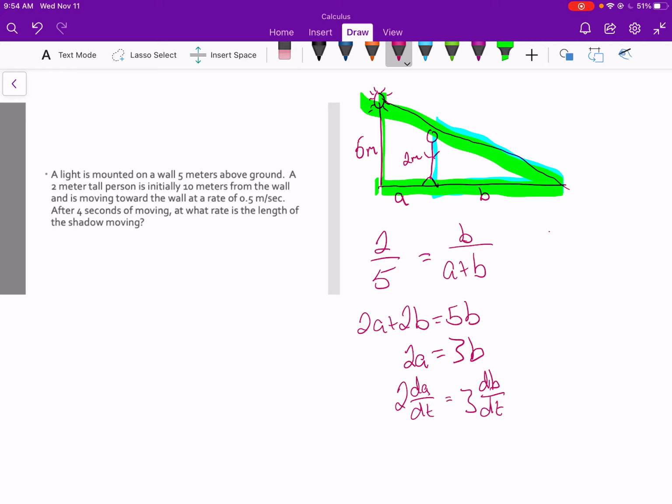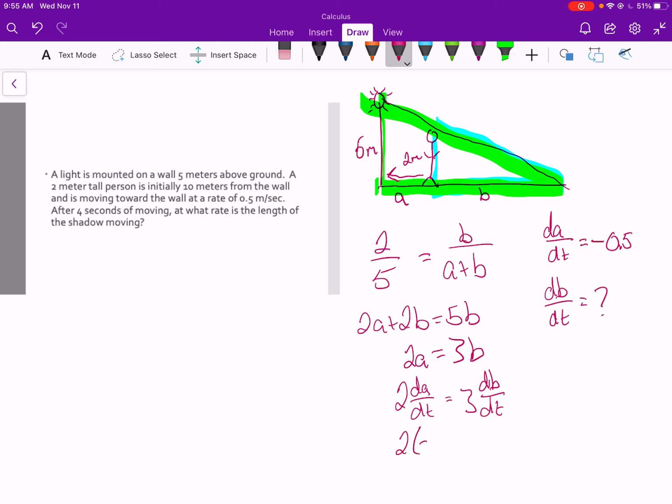So dA/dt and dB/dt are our variables. Well, we know that the person is walking toward the wall at a rate of 0.5 meters per second, so dA/dt is negative 0.5, because it's getting smaller, and we're trying to find dB/dt.